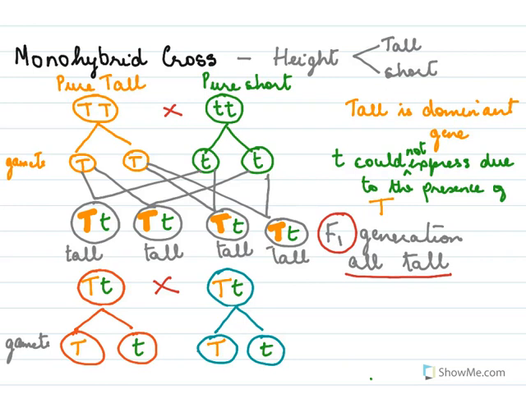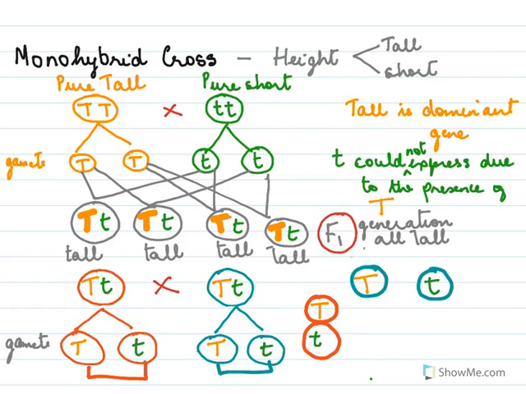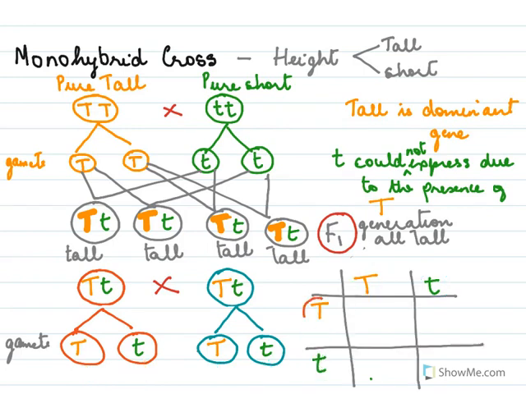So we have 4 gametes here, and to make things a little clear, we make it in a tabular form. So here we have one pair of gametes, and then we'll have the other pair of gametes. And now we will cross them. The first, this T with this T will give you TT. Next we take this T with this gamete, and we'll get T and small t.